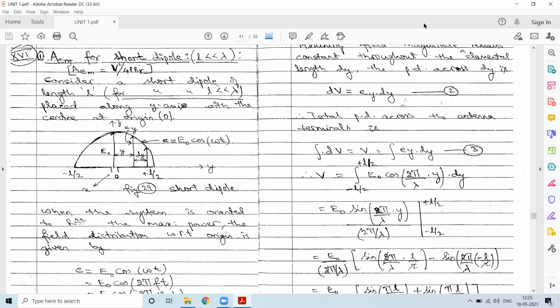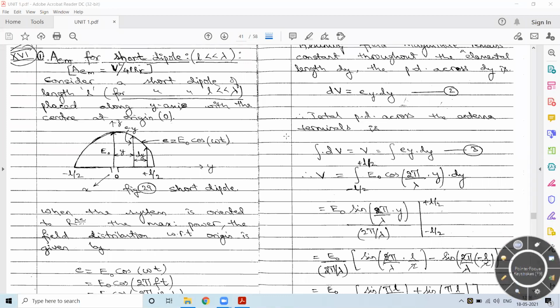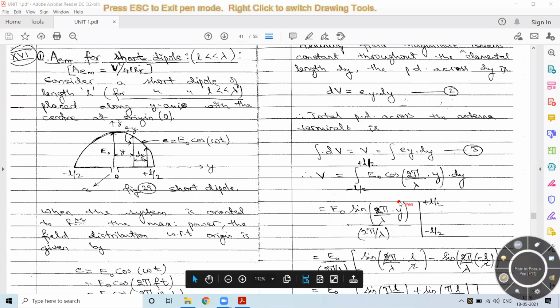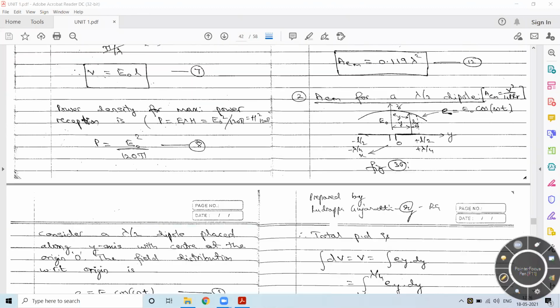Now on similar lines, we will obtain the maximum effective aperture of the lambda by 2 dipole.